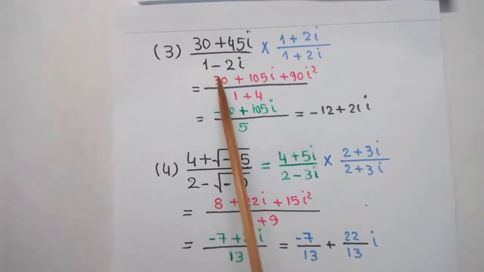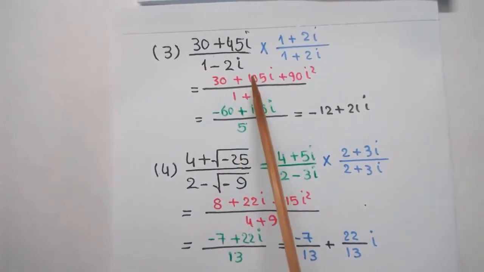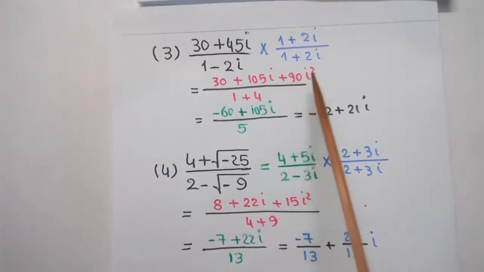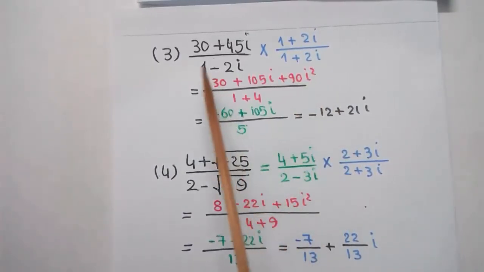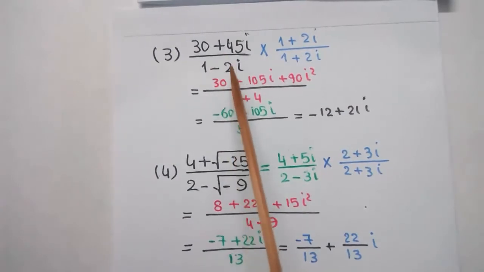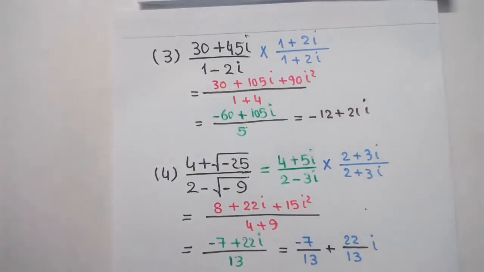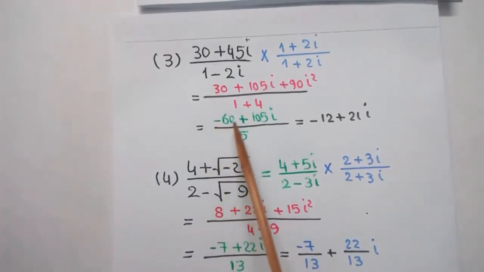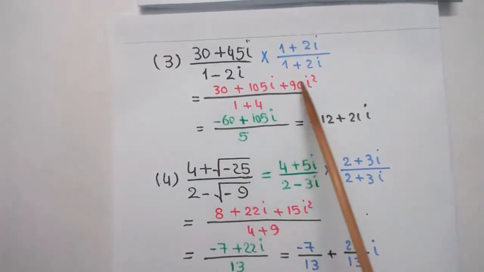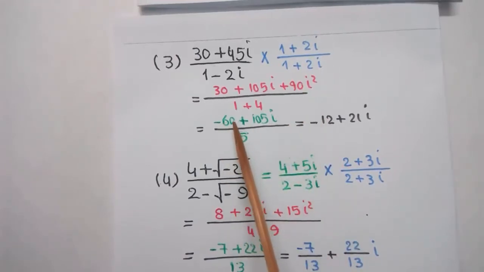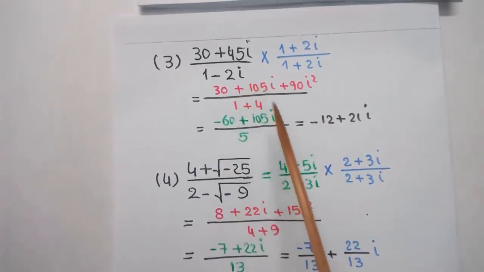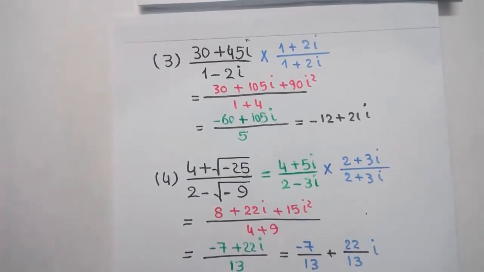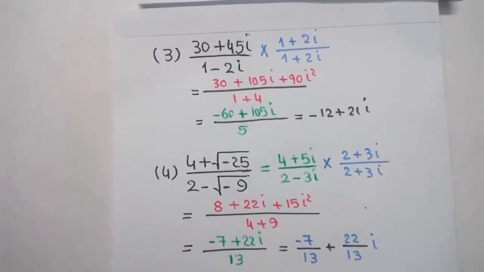It will be 30 plus 105i plus 90i power 2. 1 times 1 is 1, 2i times 2i is 4i power 2, negative, so plus 4. Simplest: 30 minus 90 is negative 60. 105i over 5 it will be negative 12 plus 21i.